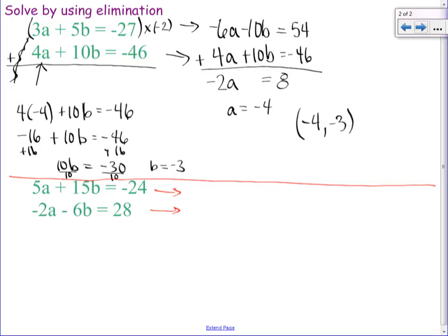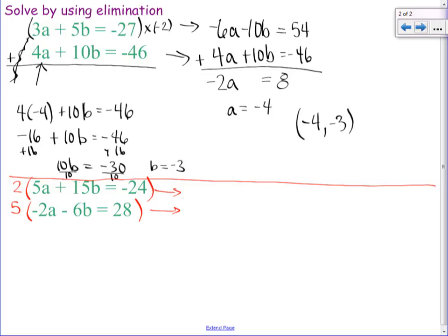What should we multiply the top row by? 2 would be a good idea. So if we multiply these by 2, what would we multiply these by? Now we don't need to multiply either of them and make these negative, do we? How come? They're already opposite signs right now. Okay, so we're going to keep them as opposite signs.